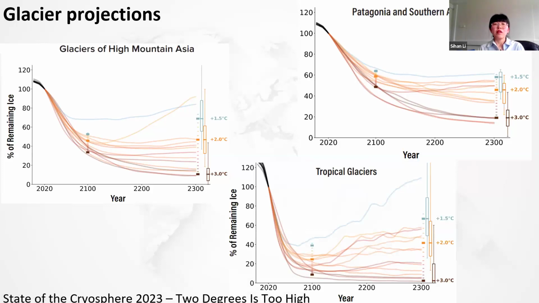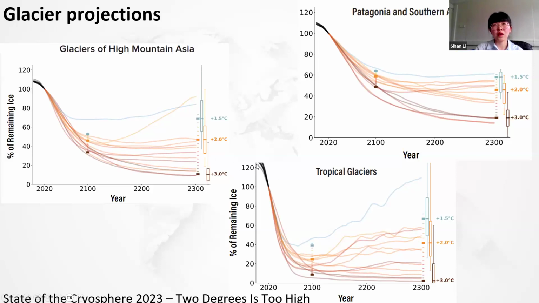Because if we think about these different regions of mountain glaciers, high mountain Asia includes some extremely high altitude glaciers, which provide seasonal water to at least 2 billion people. These will lose most of their ice if we warm up the planet by 3 degrees Celsius, whereas if we keep the warming level at 1.5, we preserve more of the ice coverage.